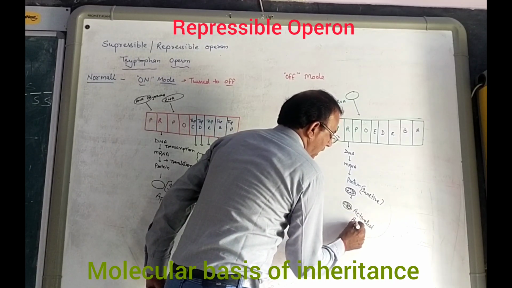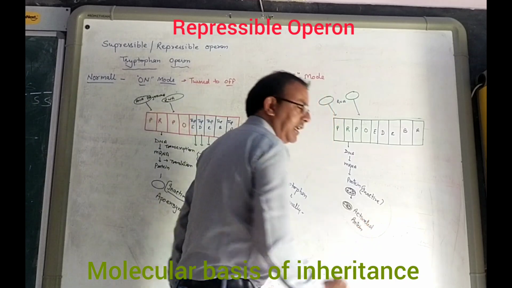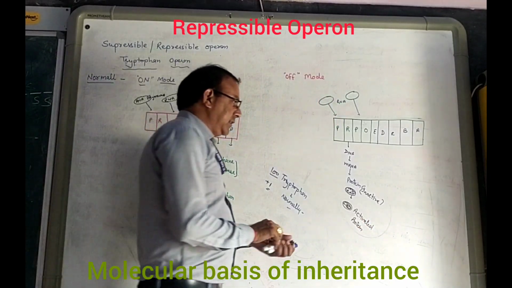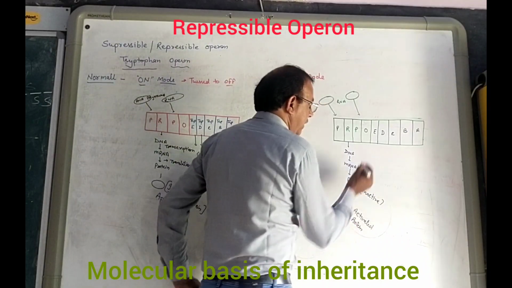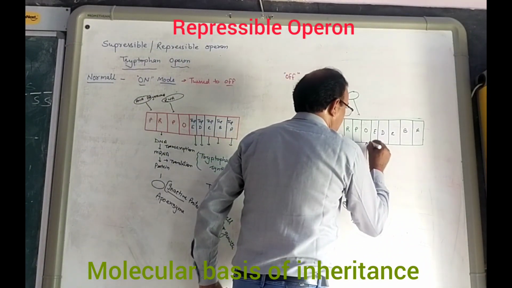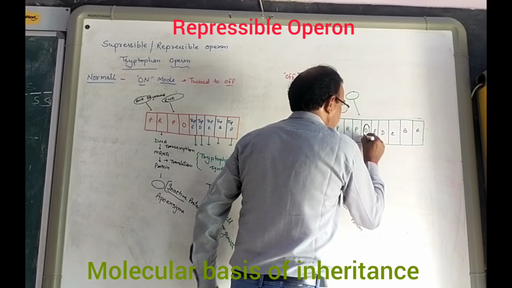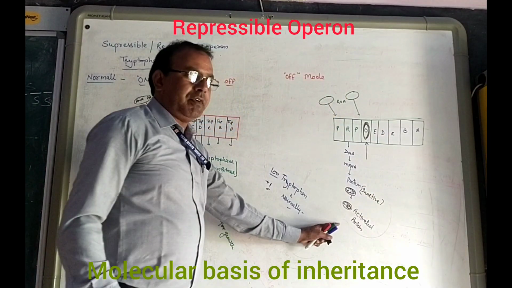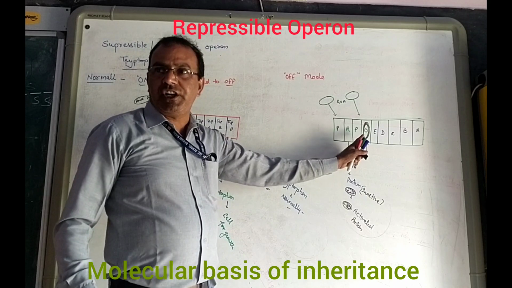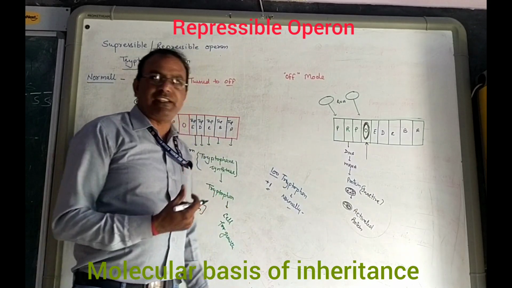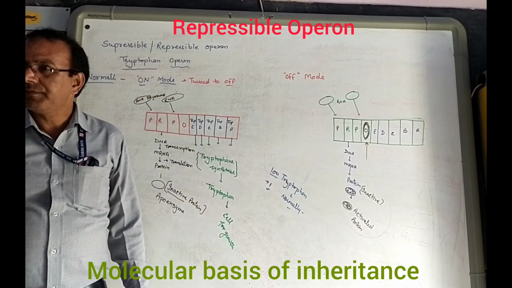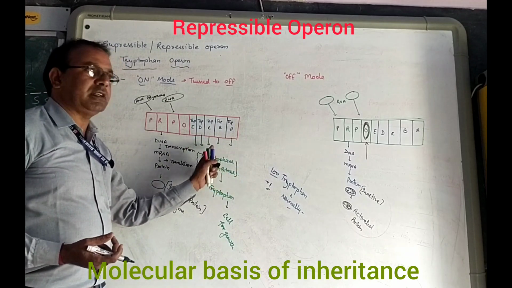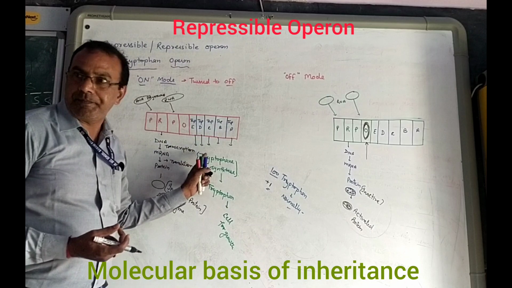If this protein is activated, it binds with the operator gene, and if the activated protein binds with the operator gene, the synthesis of tryptophan stops, because no production can take place in the structural genes.